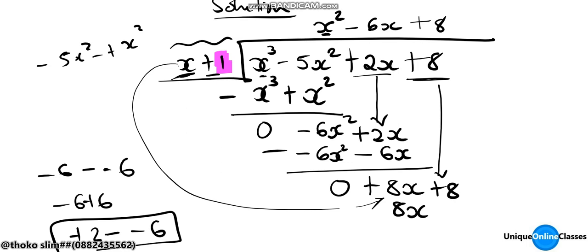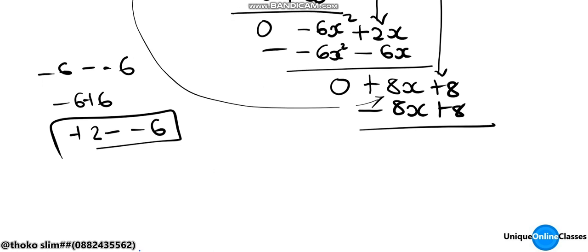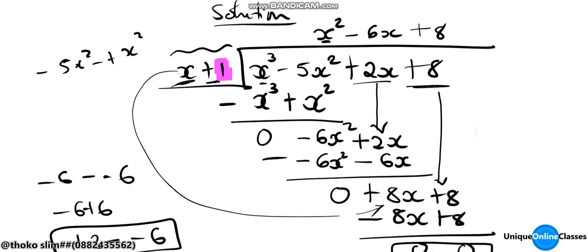And positive 8 times positive 1 gives a positive 8. If we subtract these, that will be 0 here, and 8 minus 8 will be 0 as well. So indeed, x plus 1 was a factor of the polynomial.